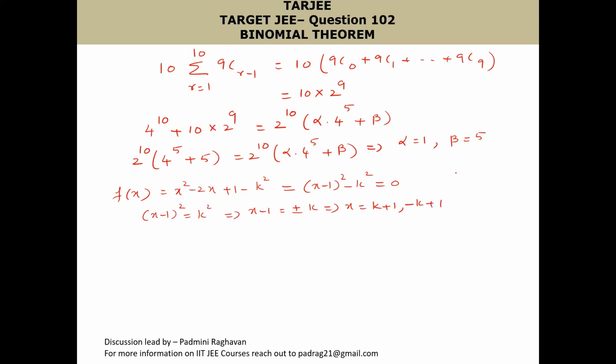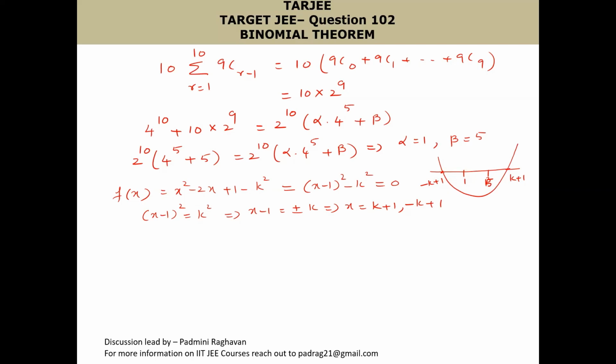Now you can see that this is an upward open parabola with roots, and as we are being given k is positive, the lower root is minus k plus 1. The larger root is k plus 1. They want alpha and beta to lie between the two roots. That means the lower root should be less than 1.